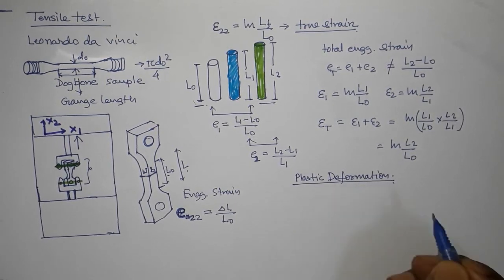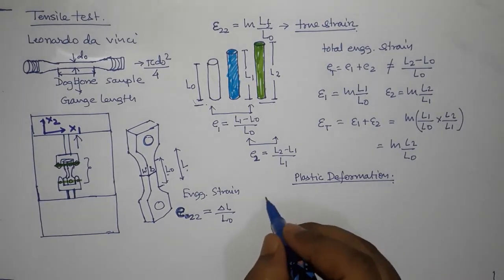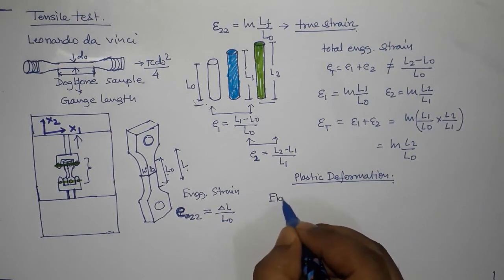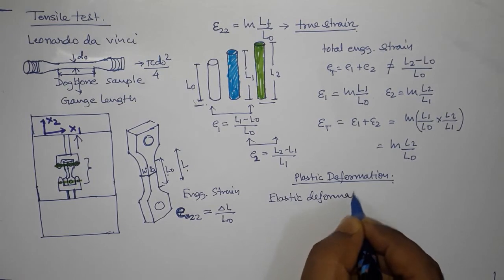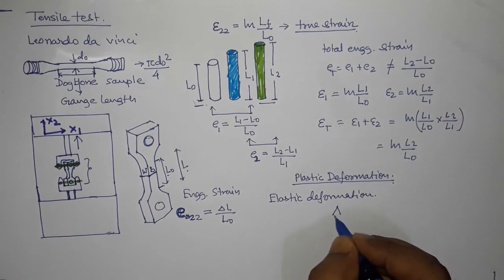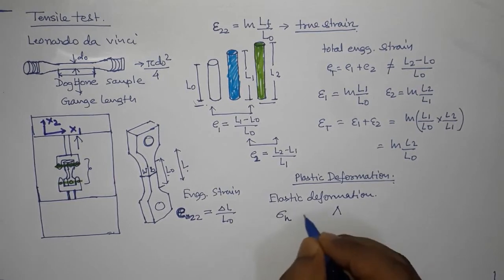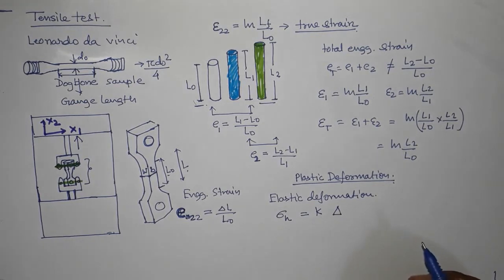What happens in elastic deformation? In elastic deformation, the volumetric stress sigma h is equal to bulk modulus times volumetric strain, right?